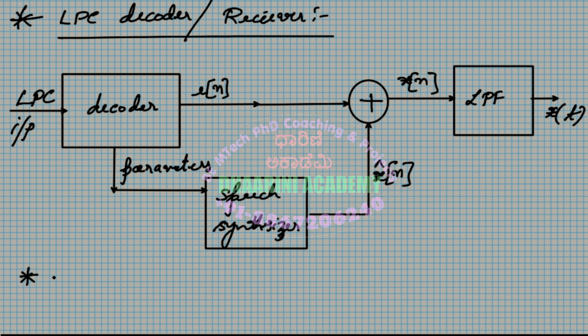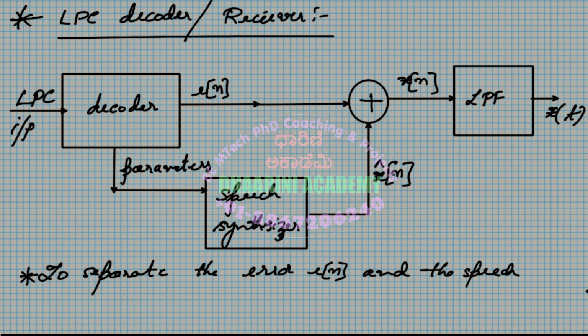From the LPC, we try to separate the parameters and the error signals. Okay, so two separate outputs: the error that is denoted by E of n, and the speech parameters.